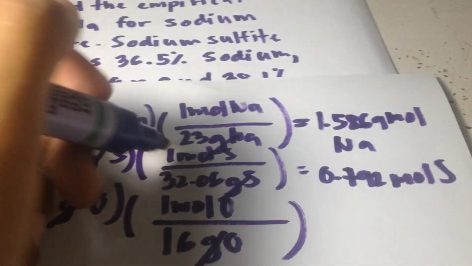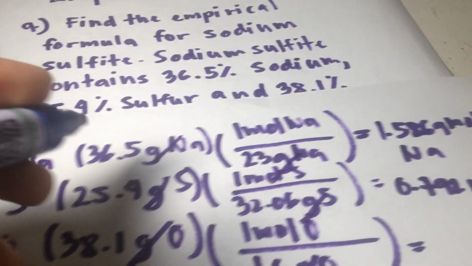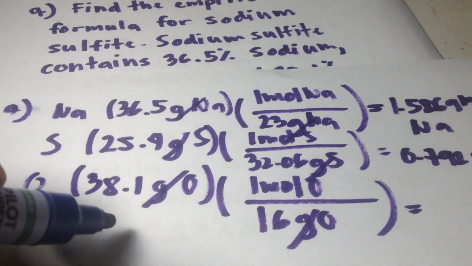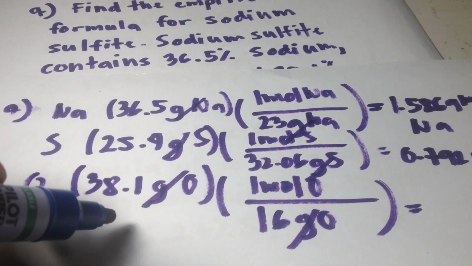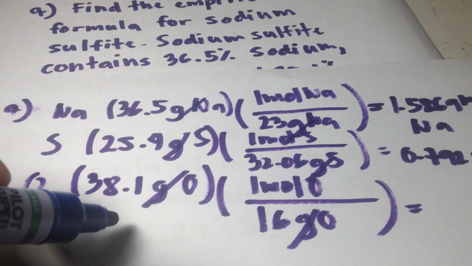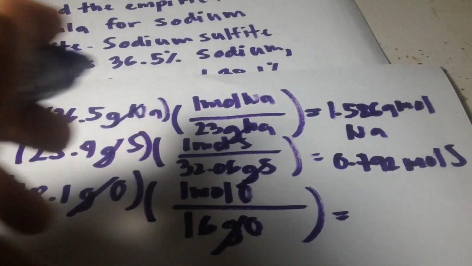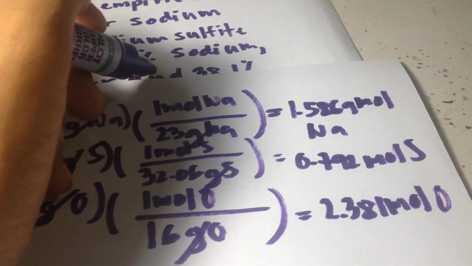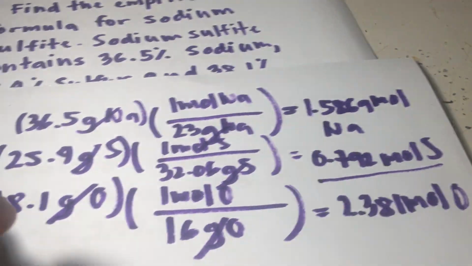Okay. And 38.1 divided by 16 is equal to 2.381 moles of oxygen. So, which is the lowest moles? Which is the sulfur? So, this is the lowest moles.